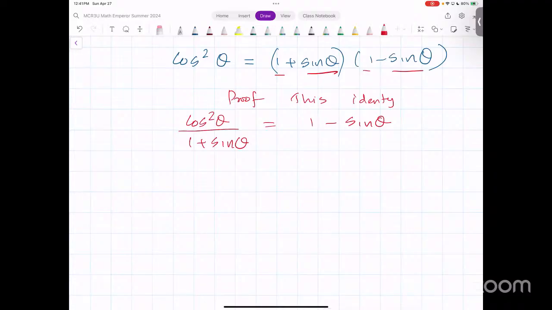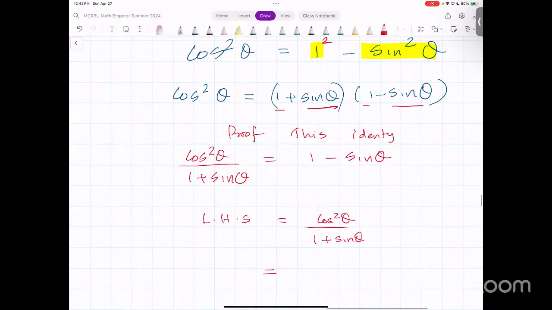All they ask is to take the left-hand side and show it equals the right-hand side. That's all they want. So let me take the left-hand side. What do I have on my left-hand side? Cos squared theta over 1 plus sine theta, isn't it? Did I just rewrite that as cos squared theta over 1 plus sine theta?